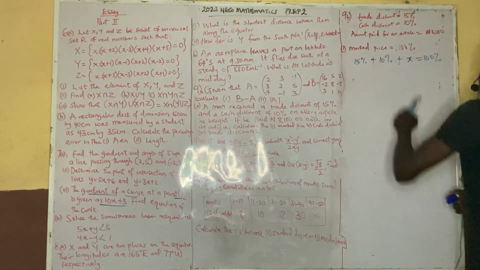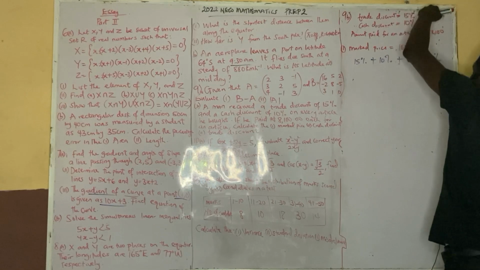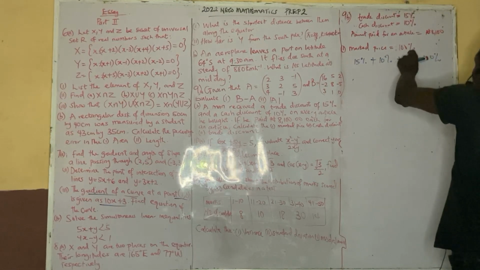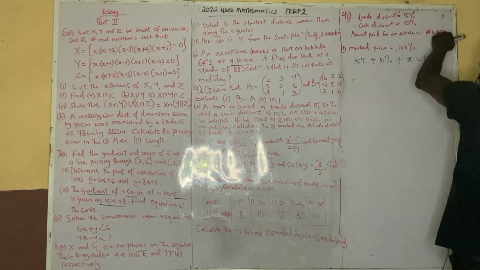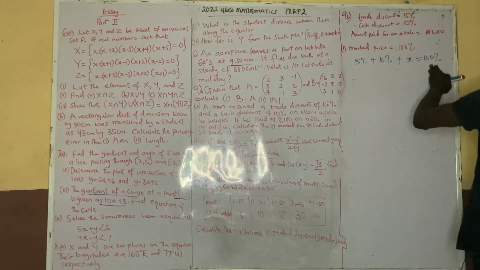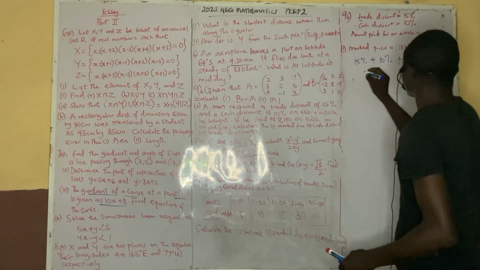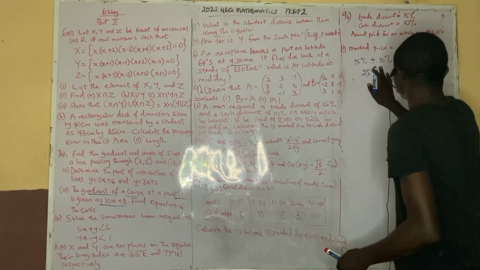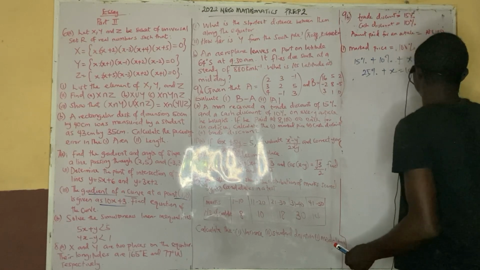Now what do I mean by that? The trade discount is 15%, the cash discount is 10%. Now the percentage for the amount paid, which is 8,100, with the X, will be equal to 100%, which is the percentage of marked price. So we now say that this is 25%, plus X equal to 100%.